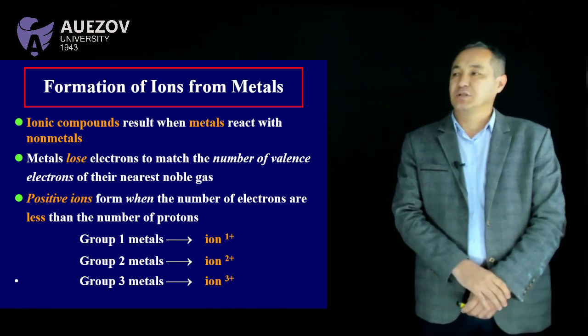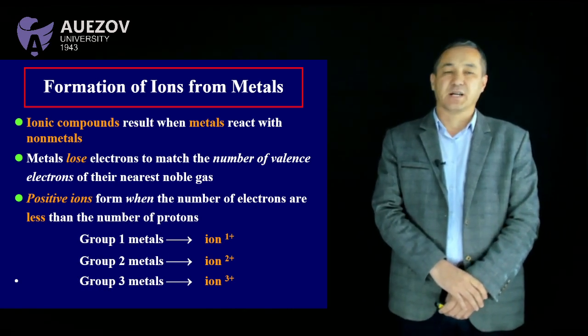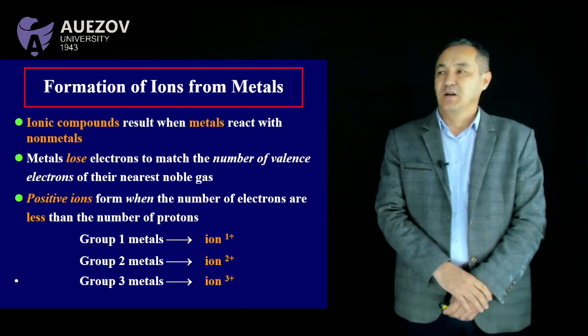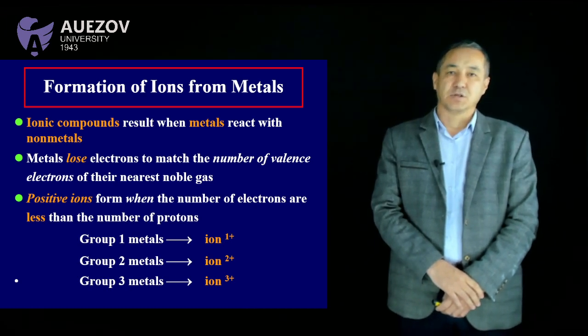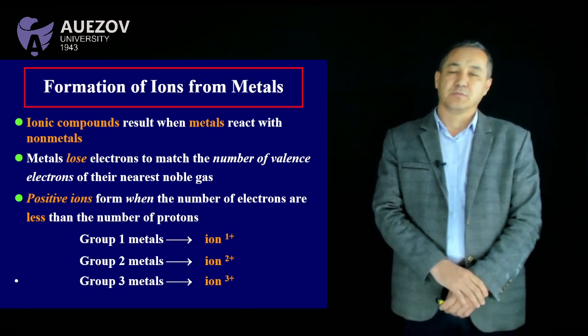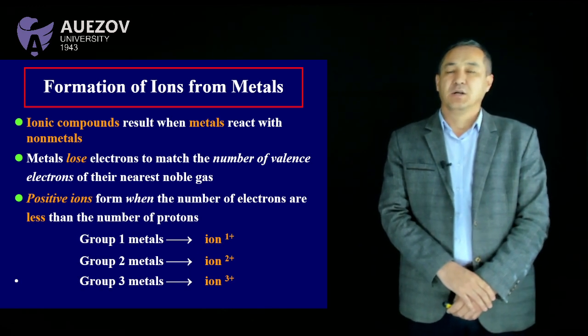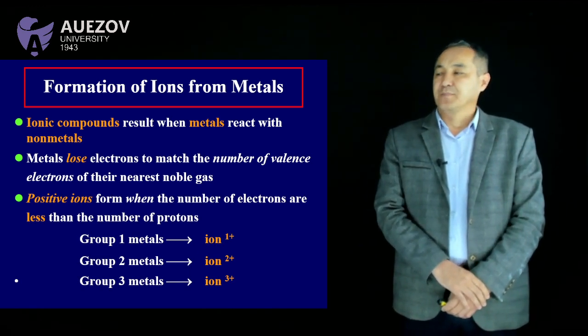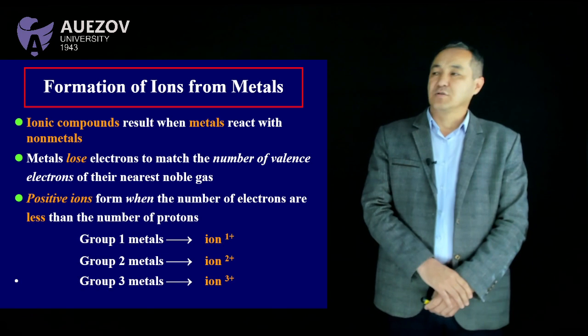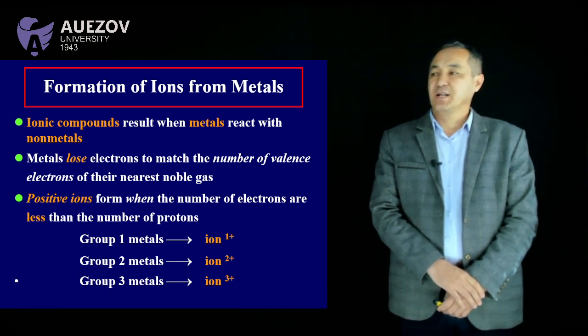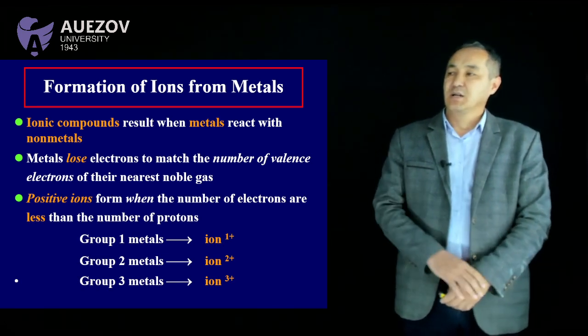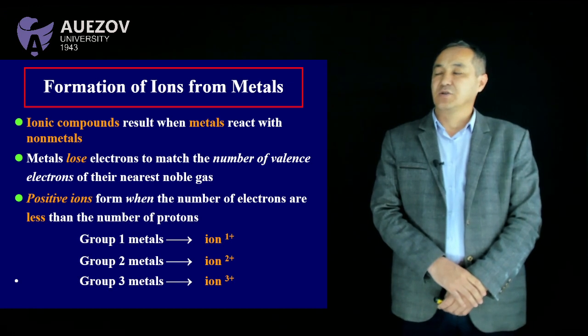Ionic compounds result when metals react with non-metals, for example sodium plus chlorine. Metals lose electrons to reach the number of valence electrons of their nearest noble gas.